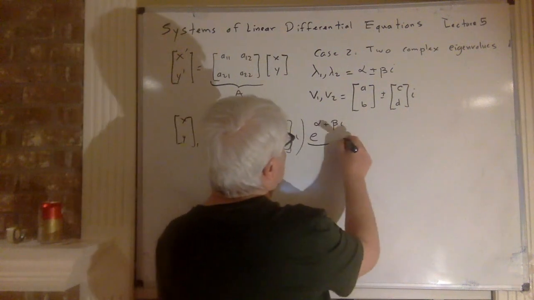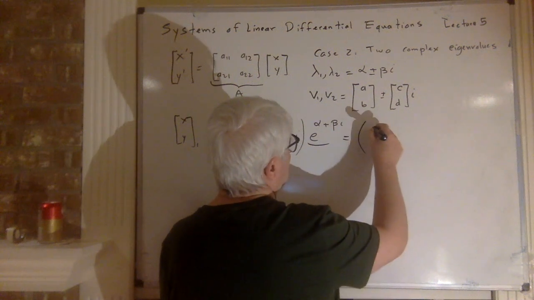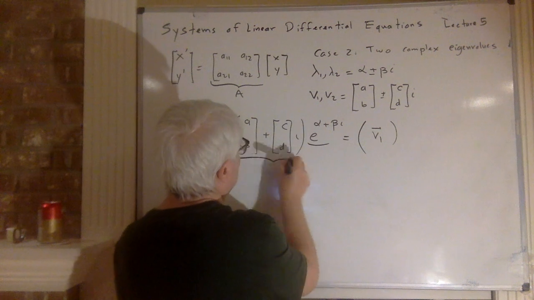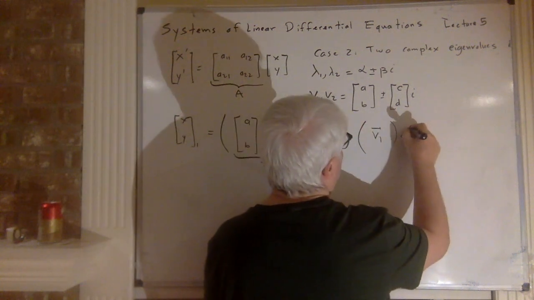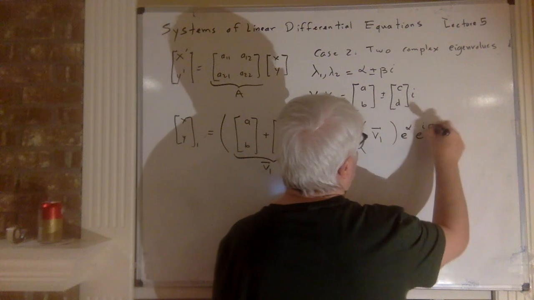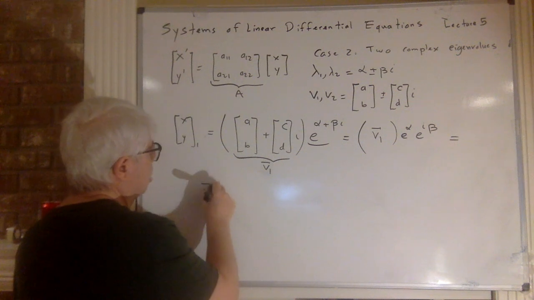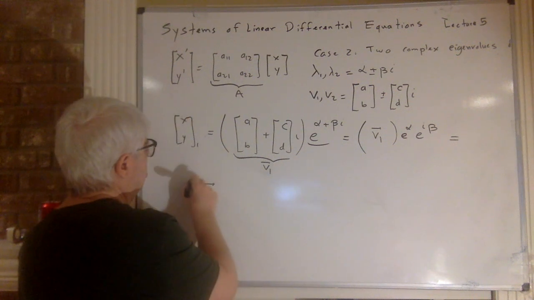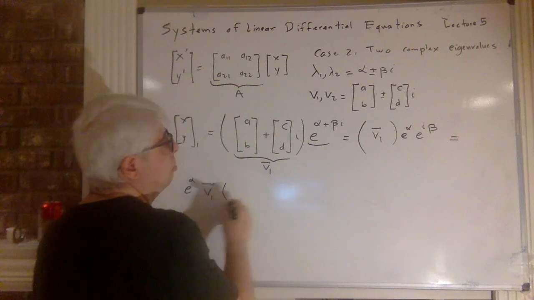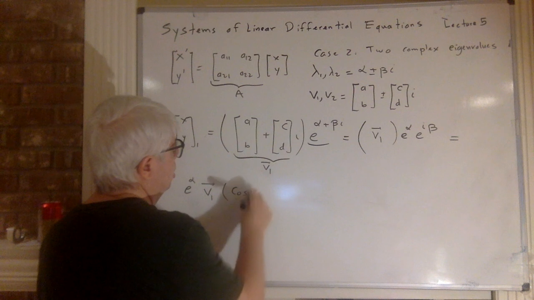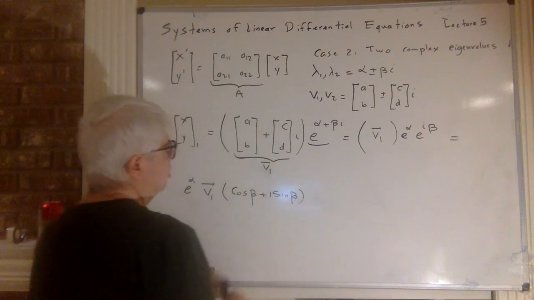I have this V1, and then I have e to power alpha, e to power i beta. Let's just write e to power alpha, just a real number, so I have cosine beta plus i sine beta. Okay?